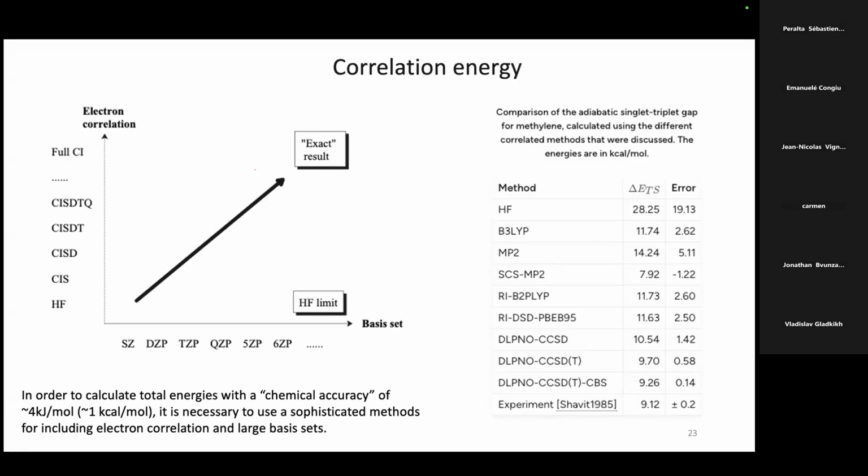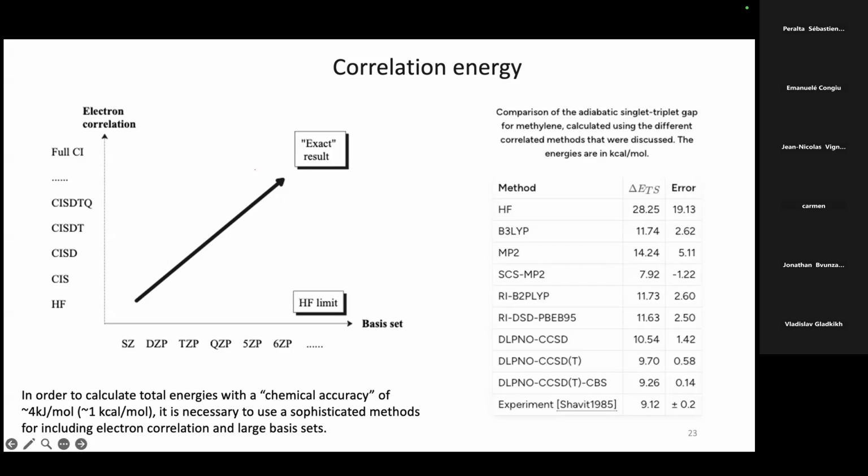This is why we don't use Hartree-Fock in our computations. In DFT, you can see the correlation effects are there, not fully, but it has some correlation effects. And then the accuracy is much better than Hartree-Fock.